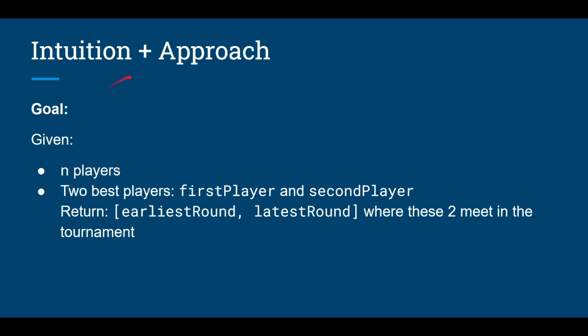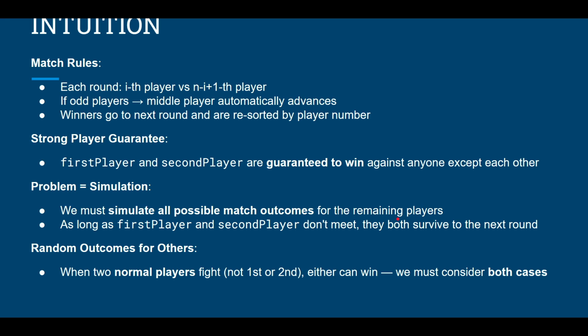So what is our intuition? We are given n players, and two best players, the first player and the second player, and we have to return the earliest round and the latest round where these two meet in the tournament. The match rule is that in each round the ith player plays against the (n minus i plus 1)th player. If an odd number of players is coming, the middle player automatically advances, and the winners go to the next round.